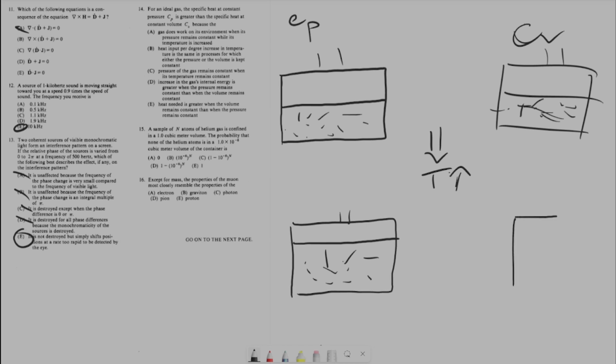This one is going to remain the same, so same volume, but now the pressure is higher. So this would be volume going up. This would be pressure going up. So they're asking, why is Cp greater? So looking at that, just kind of doing a, not back of the napkin, but kind of.